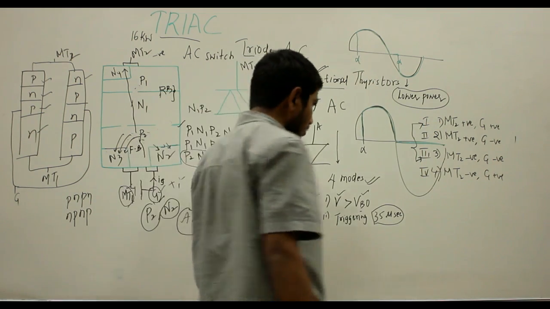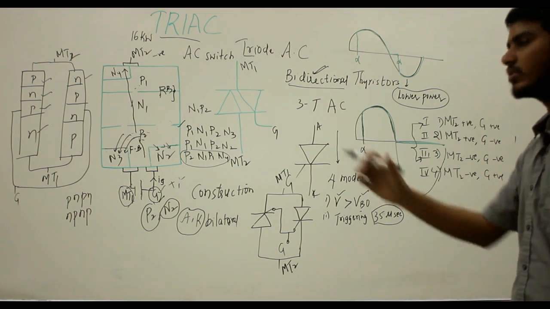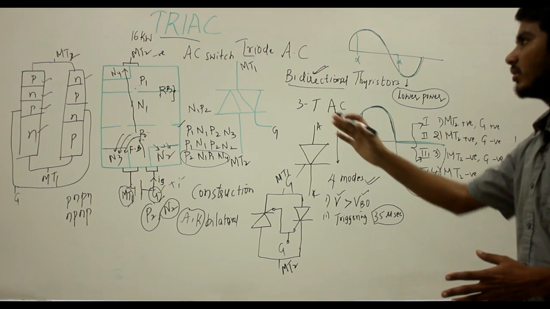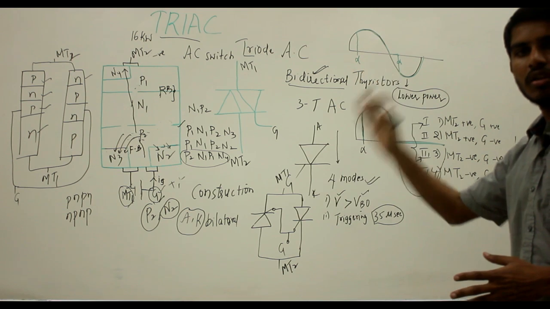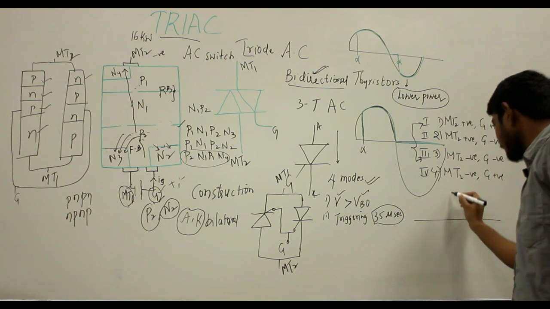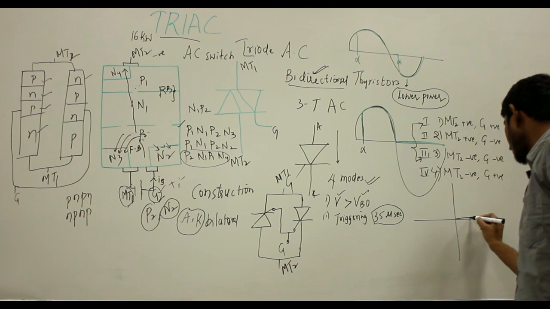So now if you observe the IV characteristics for your triac, the characteristics of the triac are similar to the SCR, but here the characteristics will also apply for the negative triac voltages. So if I draw the characteristics, initially it will be in the blocking mode.